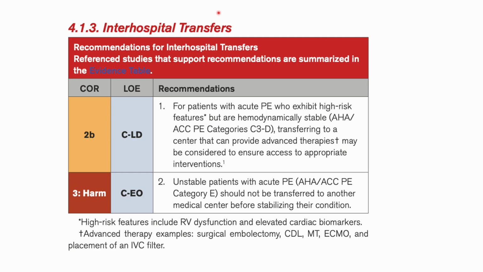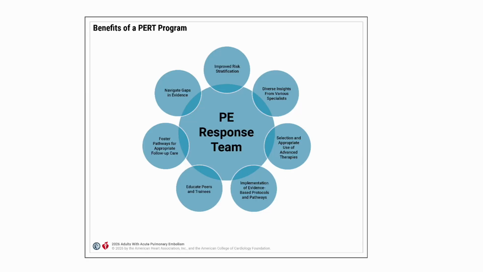They mean to say centers with advanced imaging, centers with multidisciplinary teams, with vascular medicine, with general cardiology, hematology, interventional radiology and cardiology, cardiothoracic surgery, vascular surgery, amongst others. For these patients, this may be required, but the decision has to be very, very careful because you would do more harm in trying to transfer an unstable patient.